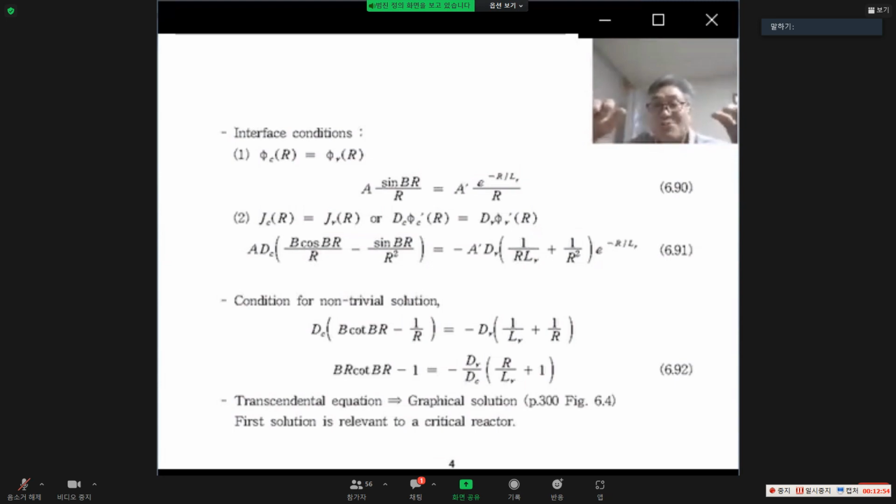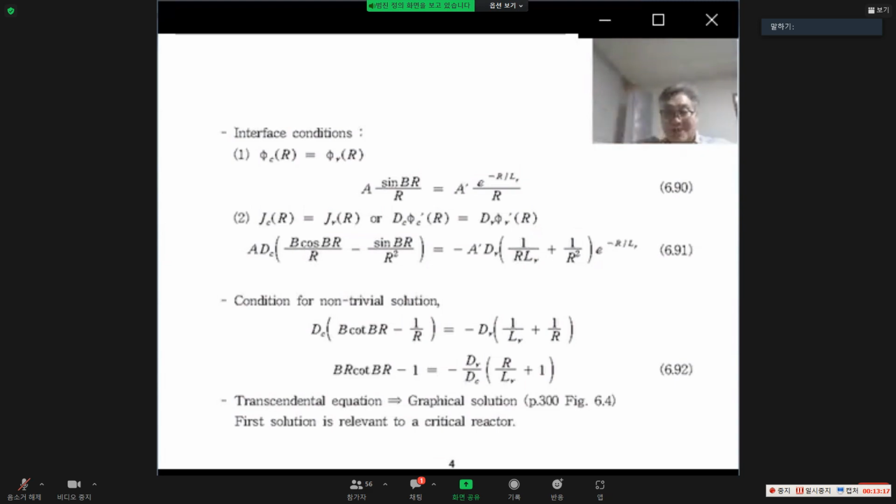What else we can do is solve it graphically. Let's define y1 equals PR cotangent BR minus 1, and define y2 equals minus dr over dc multiplied by r over the rr plus 1.